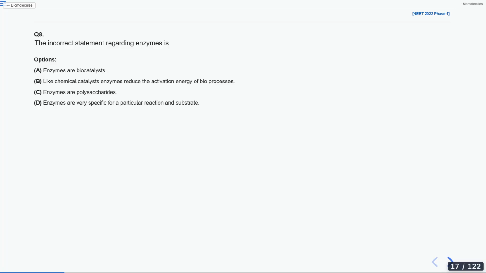What is the function of invertase? Can anyone tell me what is the use of invertase?